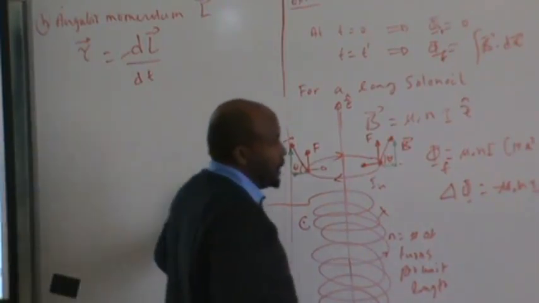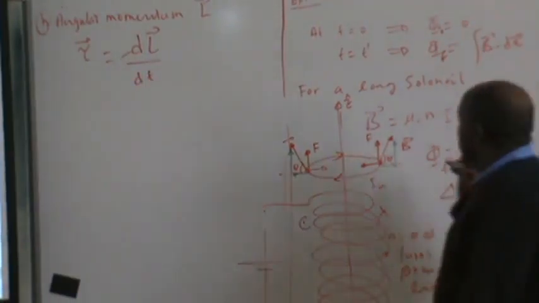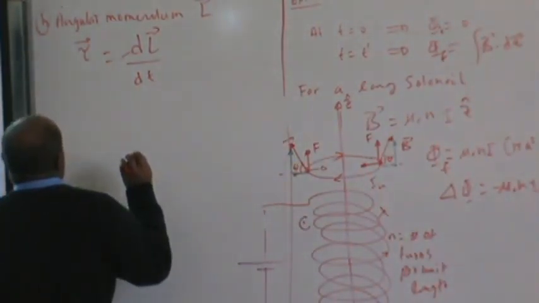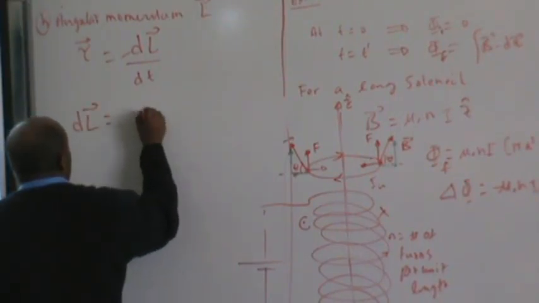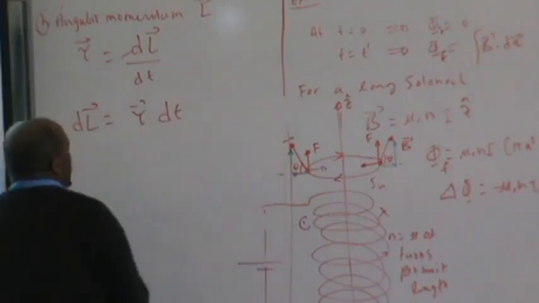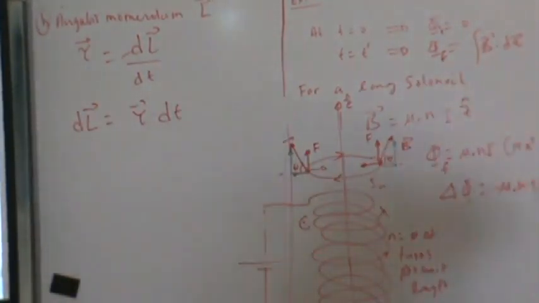So if I use that, dL equals tau dt, but tau, according to what we have got here, is b lambda d phi by dt, right?